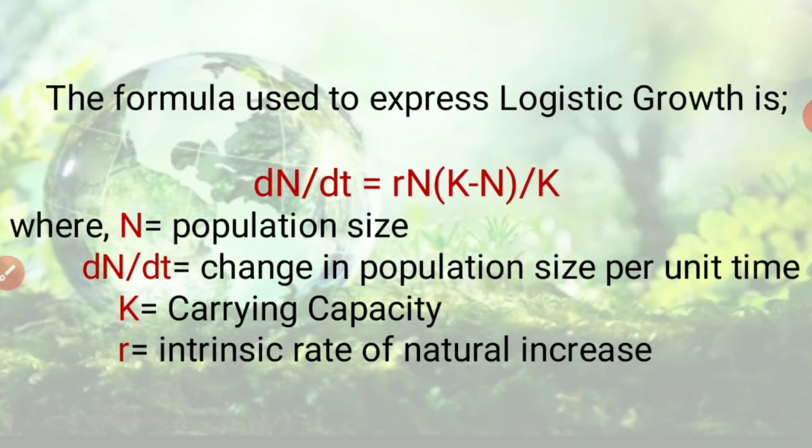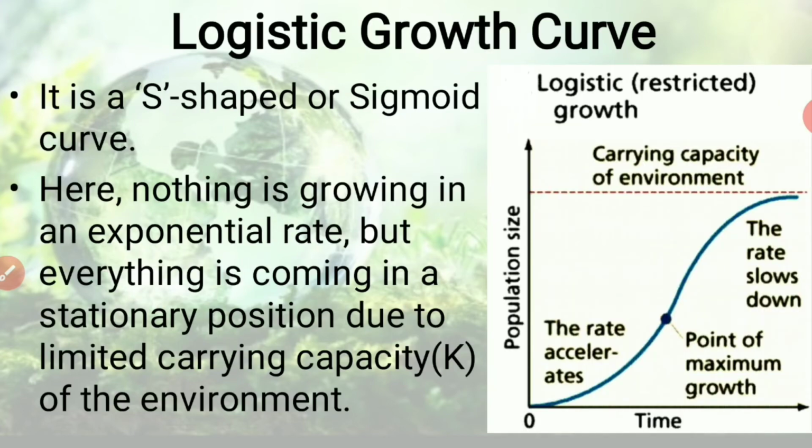The formula used to express logistic growth is dN by dt is equal to rN into K minus N by K, where N is the population size, dN by dt is the change in population size per unit time, K is the carrying capacity, and r is the intrinsic rate of natural increase.